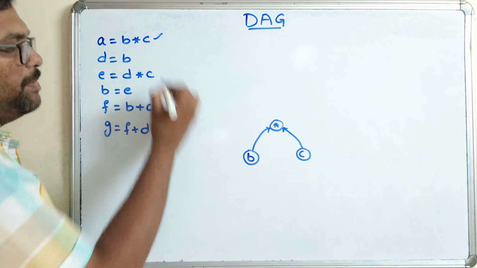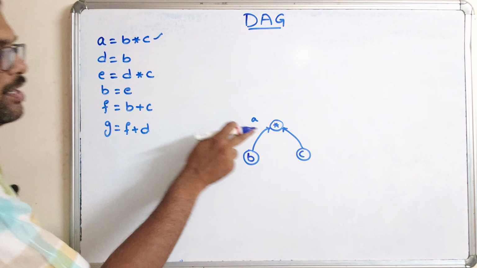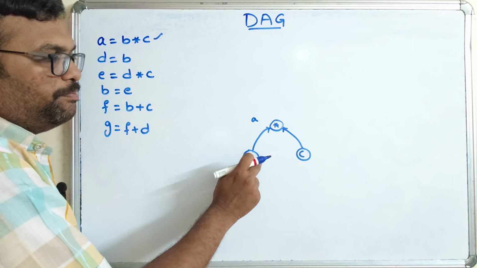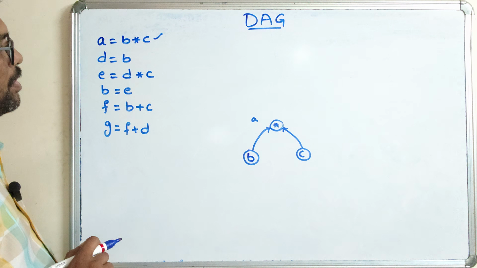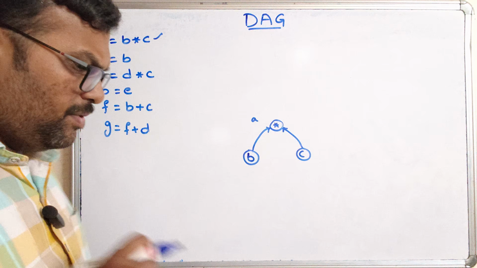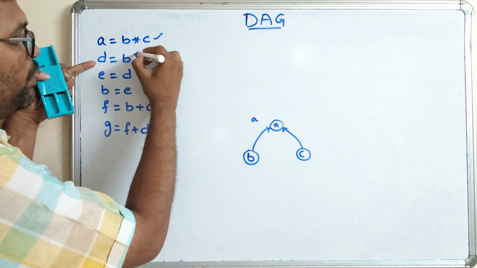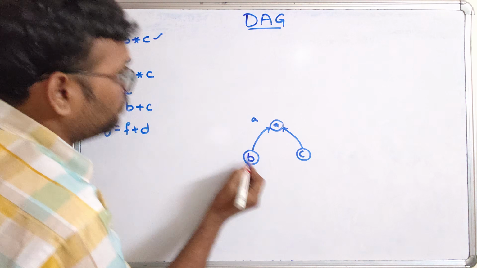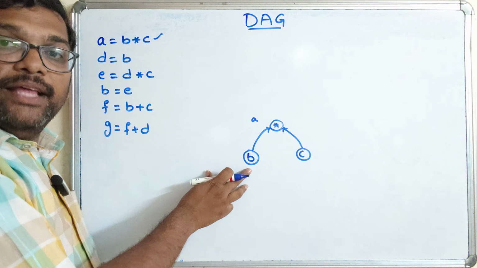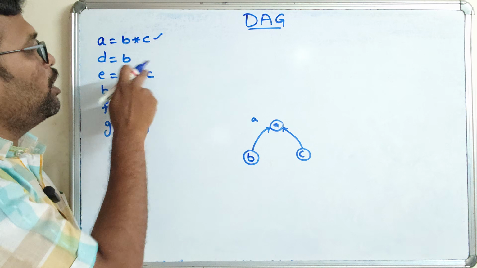Next, this is completed, so let us give a labeling. So A is this one. A is equal to B into C, right? Next, D is equal to B. That means whatever the B value we are giving, that should be assigned to D. B is already there, so the data has not been modified.